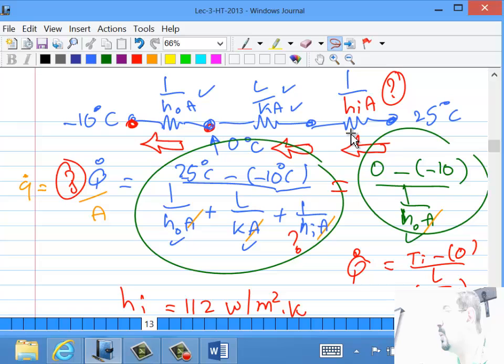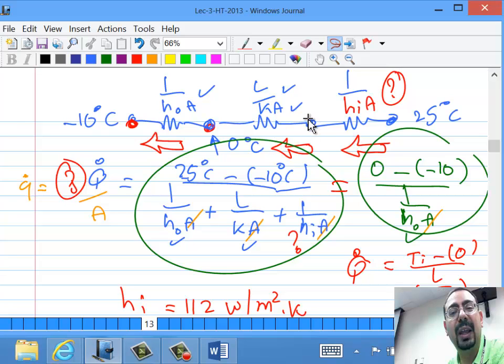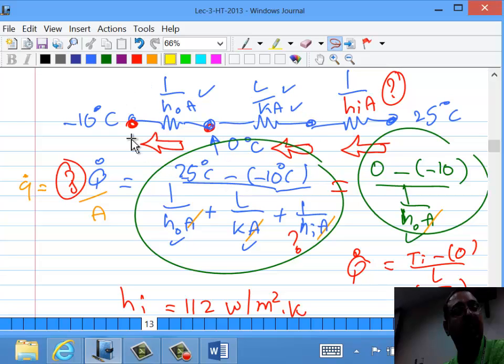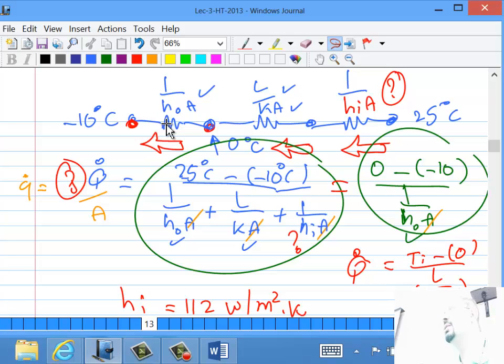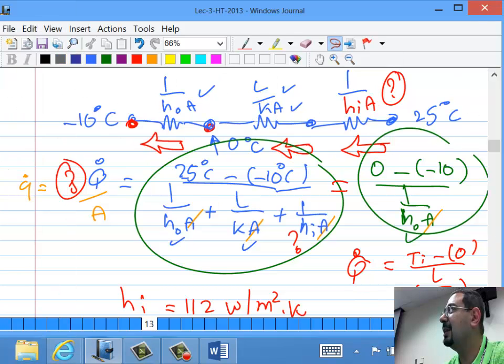We can say the same Q here is this temperature minus the minus 10 divided by this plus this. So you can slice it any way you want, right? So those two are in series, those two are in series, and the three of them are in series. And it's the same Q going through each one of them and through all of them together, and any combination of the two of them.